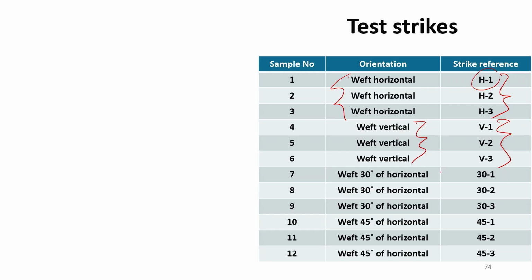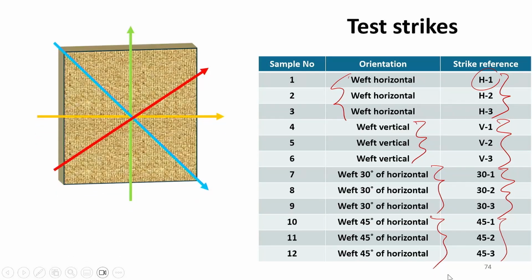Then three at 30 degree: 30-1, 30-2, 30-3, and three at 45 degree to the horizontal: 45-1, 45-2, 45-3. So, a total of 12 tests were performed on a particular specimen, as per the directions already mentioned.